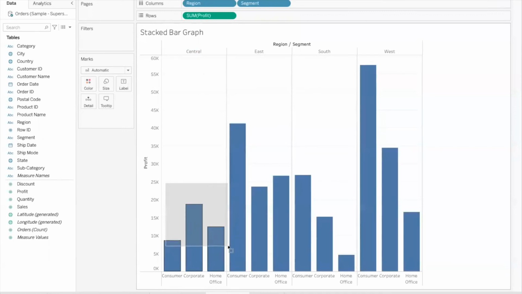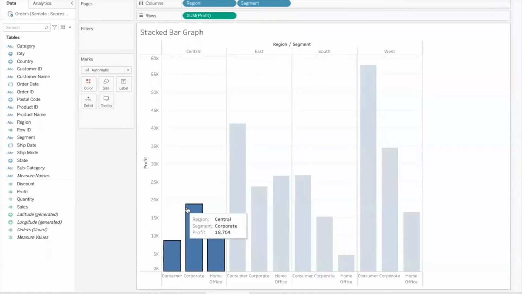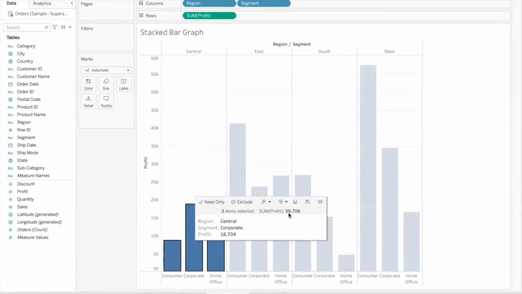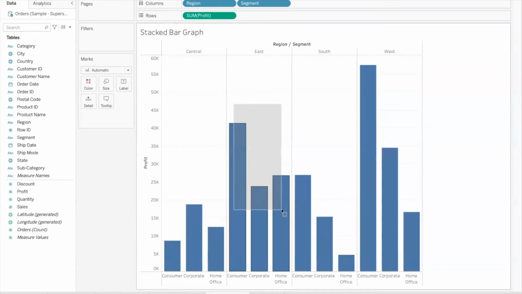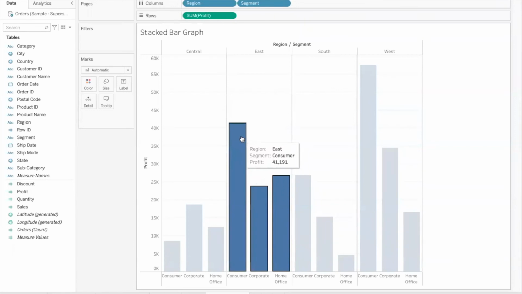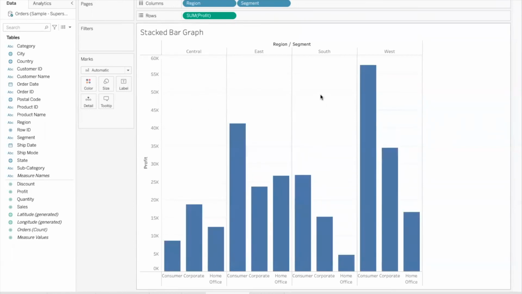However, if I add these three values, the tooltip shows 39,706, approximately 40,000. This is approximately 91,000. How do we retain that value? Rather than showing these bars side by side, I can put this on top of this and this on top of that.